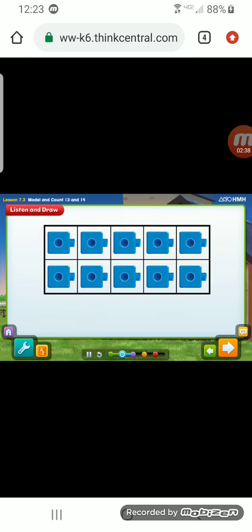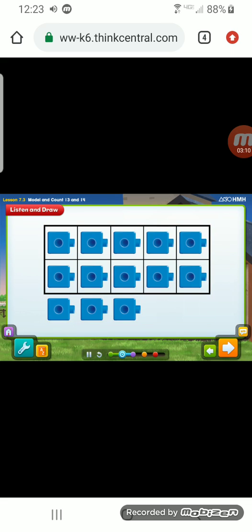We need to show 13, so let's add more cubes and keep counting. 11, 12, 13. There are 10 cubes in the 10 frame, and 1, 2, 3 more cubes. So 10 ones and 3 ones is 13.